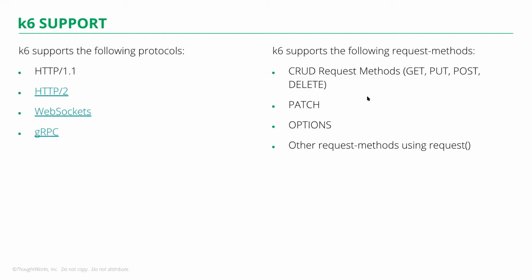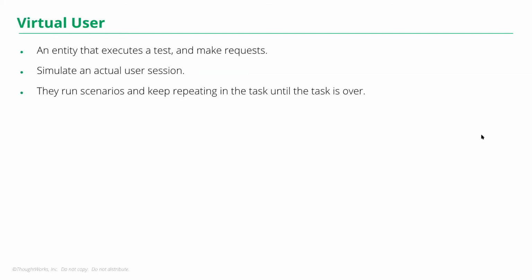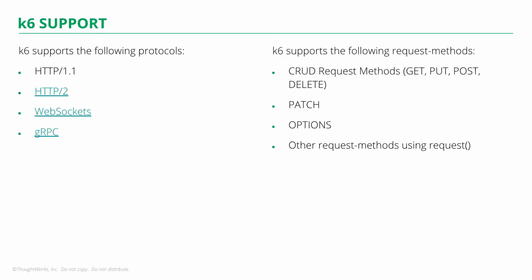And apart from these, the request methods which are available, for example head or trace, can also be added as a test with the help of request. Apart from these supported protocols and request methods, K6 also supports GraphQL APIs.